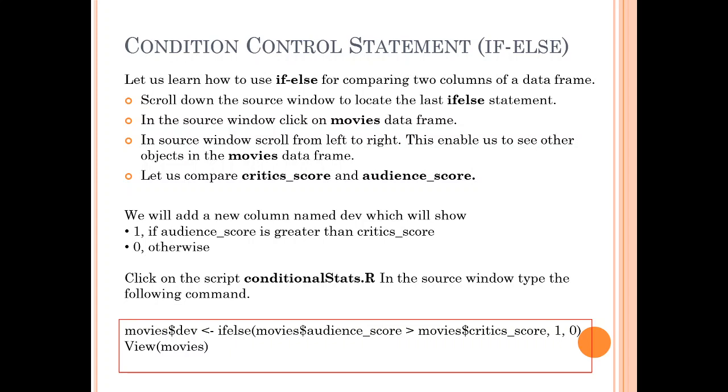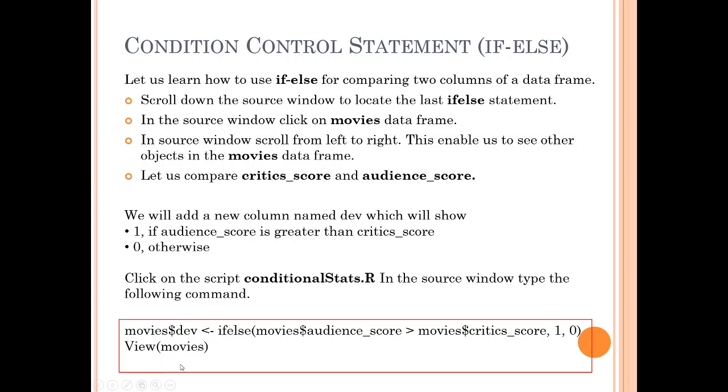Now in that data frame we have two columns named critic score and audience score. What we will do is compare the values in these two columns for every row, and accordingly we will add some value in the newly created column.